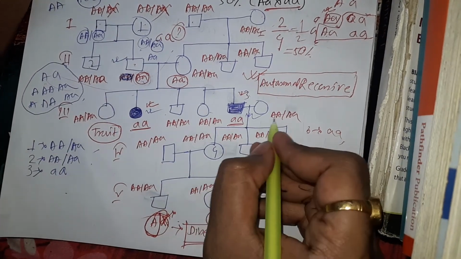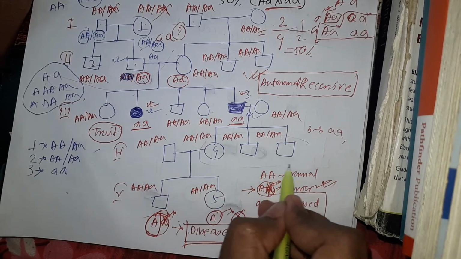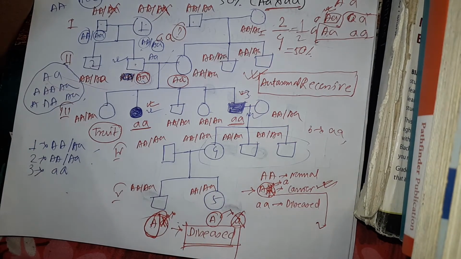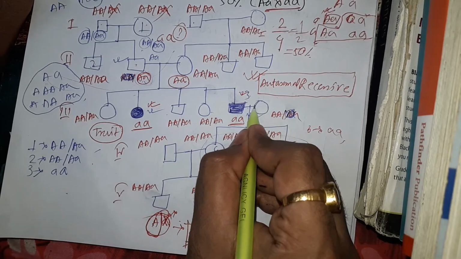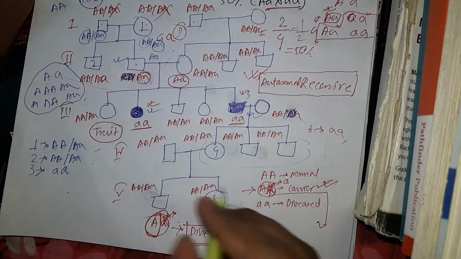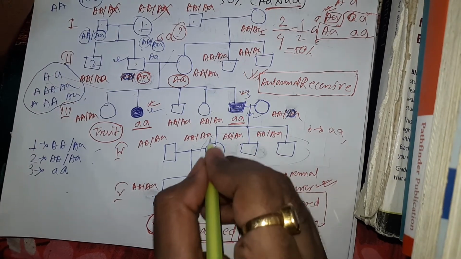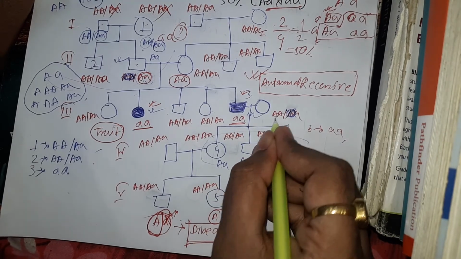Now come here. If it is small a small a and their son is not having the disease, we can easily conclude that this female has genotype capital A capital A, right? So after Punnett squaring, we will have capital A small a, capital A small a, capital A small a. Why?